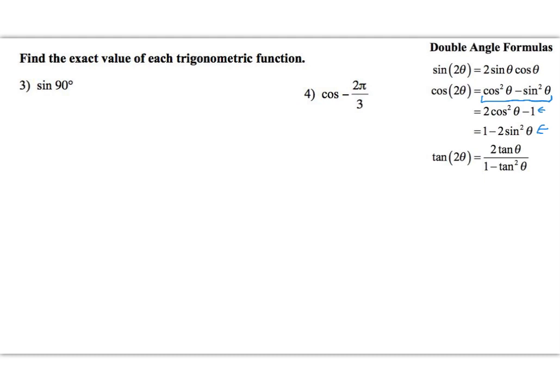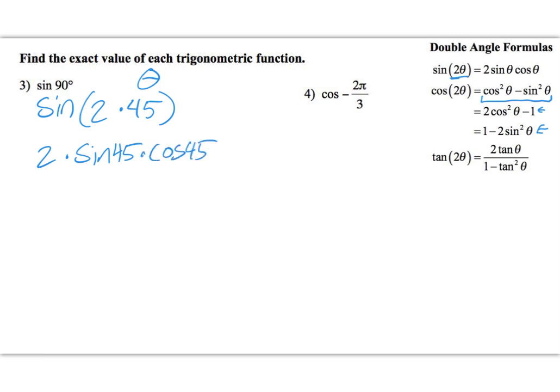But to see where this could be done, and again, this is not something that we'd actually do, this is just to kind of see how these formulas work, I might take something like sine of 90 and rewrite this as sine of 2 times 45. So now my angle would be really 2 times theta, which is what we have here. I could rewrite this as 2 times sine 45 times cosine of 45.